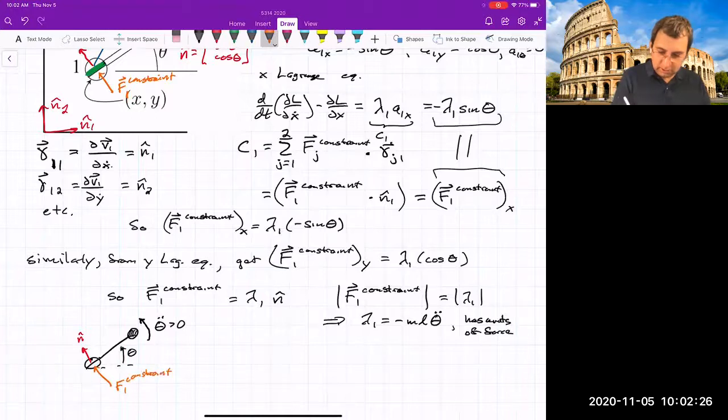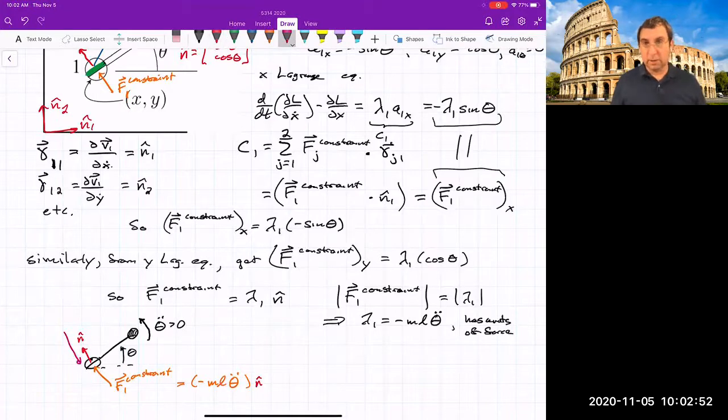The force of constraint is minus m l theta double dot in the n direction, n hat. All right, that is red. So the force of constraint would actually be going the opposite direction here. So that means the actual force of constraint would be keeping this that way. Because it just is.